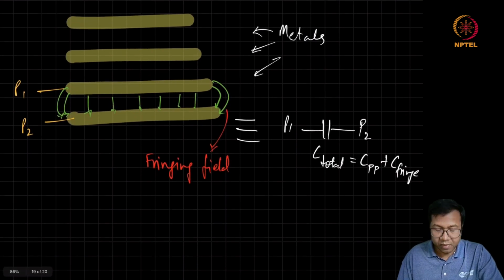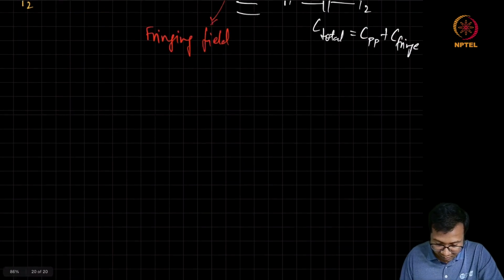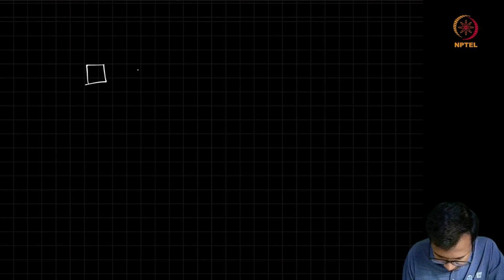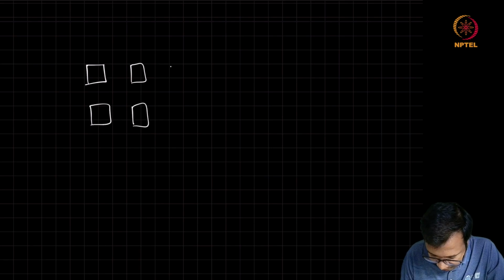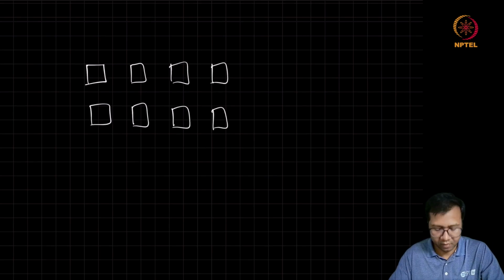Now, when we are trying to design a capacitance on chip, we have to also worry about the overall area it is going to take. Since there is this extra fringing field, which gives rise to this fringing capacitance, why not also maximize the utilization of this fringing field? This can be done by splitting the metal into this kind of thin strips.